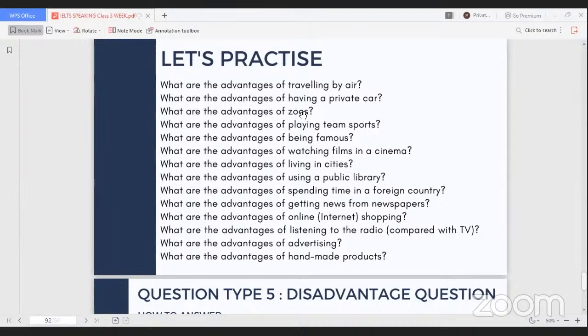Along with this, a further merit is that in a zoo, you don't have to walk on your feet. You can use your car to visit the animals.